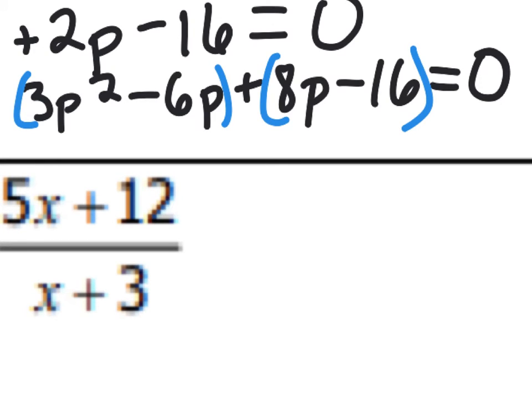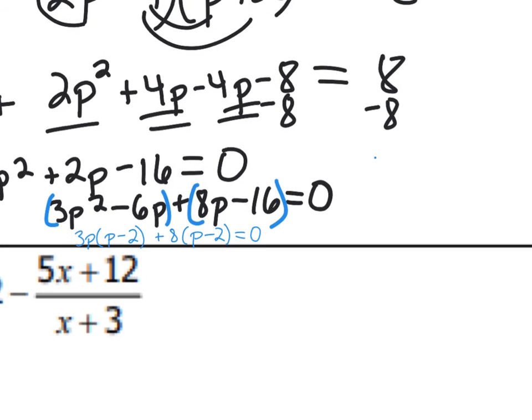We look between the first set of parentheses, what is their GCF? When we take that out, what's left? 8p and negative 16 plus 8. We have p minus 2 left. Everybody with me? So finally, my two answers are 3p plus 8 and p minus 2 is 0.